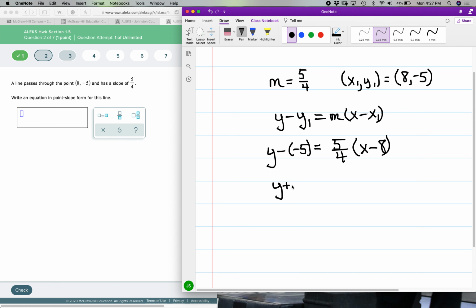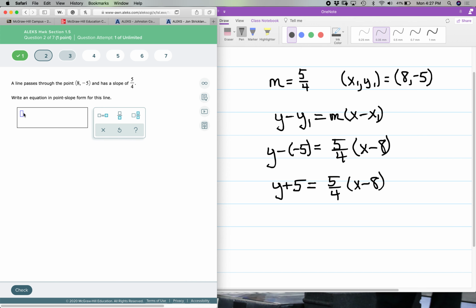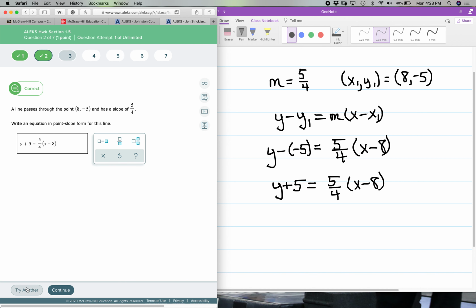Fine-tuning, we have y plus 5 is equal to 5/4 times the quantity x minus 8. Upon checking, the result is correct.